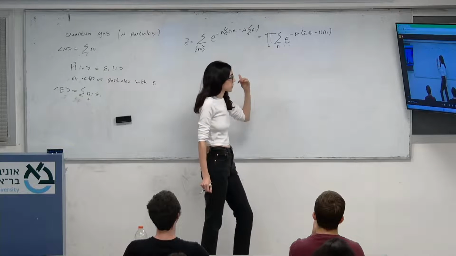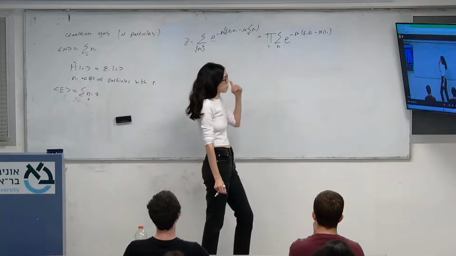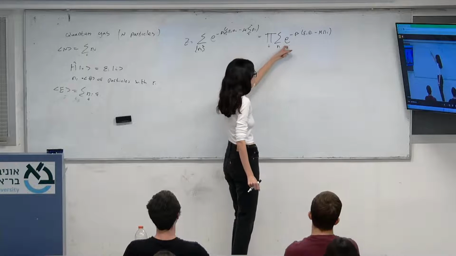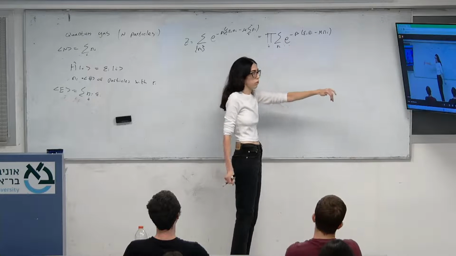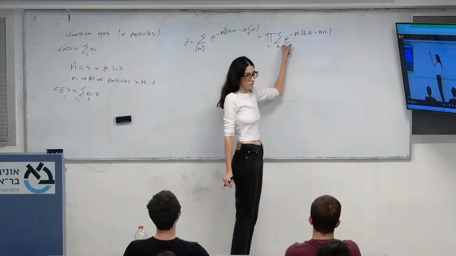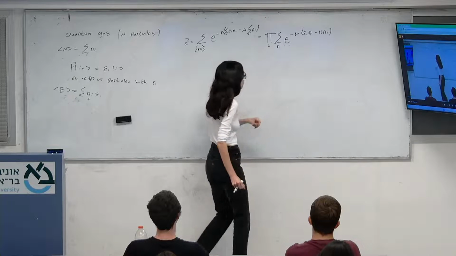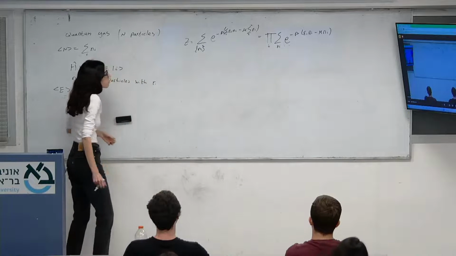The reason I'm using the grand canonical ensemble is that it allows me to do first the summation over Ni. So I don't need to put by hand the constraint of the number of particles.